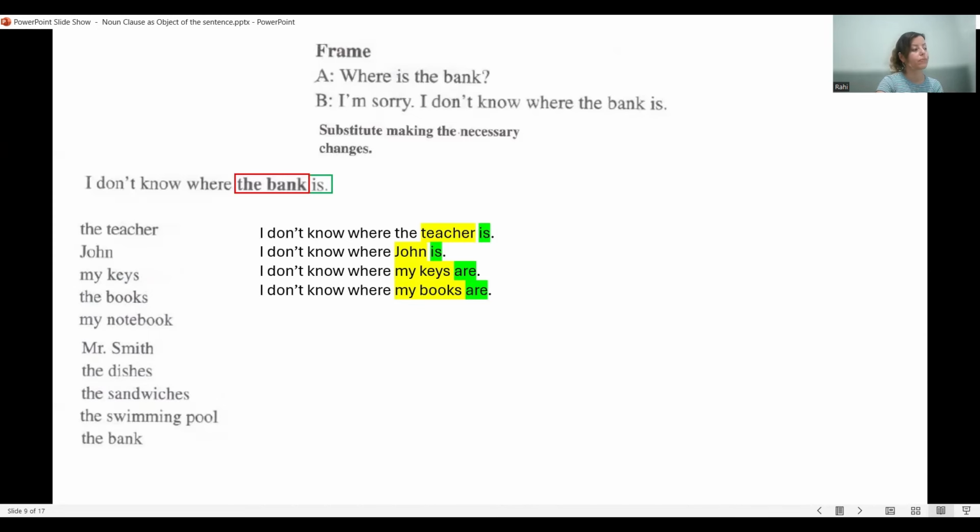My notebook. The answer is, I don't know where my notebook is, and full stop. Mr. Smith. I don't know where Mr. Smith is.